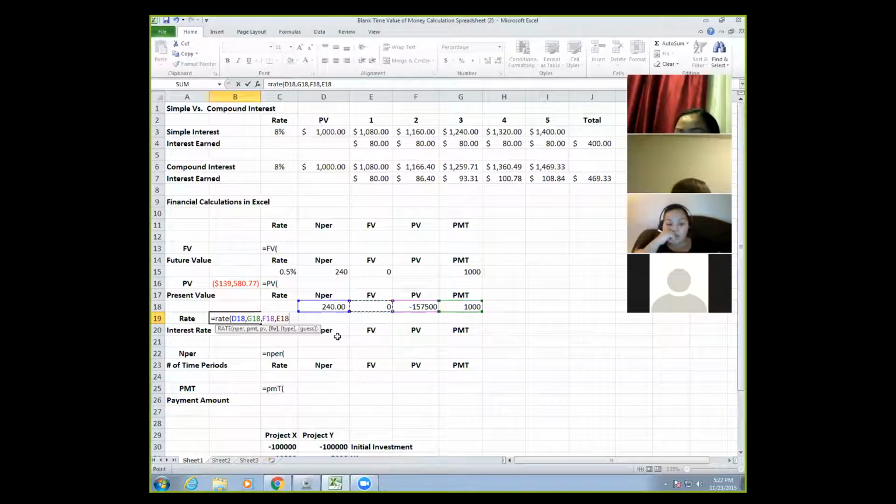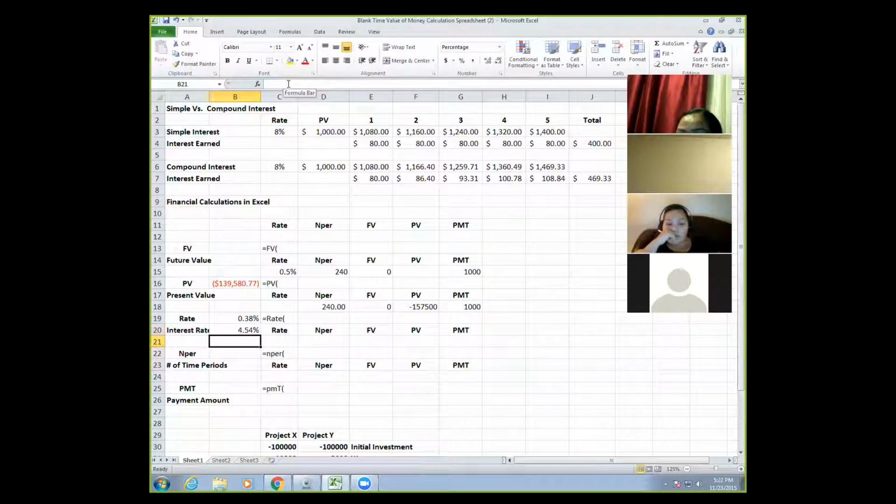I mean, you could if you wanted to, but you don't have to for this class. So let's see, 0.38%. That's on a monthly basis. To figure out what it would be on a yearly basis, we multiply by 12, and it says that's an average rate of return of 4.54%.